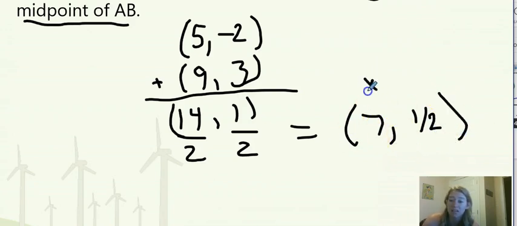This is an x, this is a y. This answer is always going to be a point, so please keep that in mind. We've done distance previously, which will be a decimal or a radical, and we've done slope, which will be a fraction. So they all have different types of answers. The midpoint is going to be a point, hence why it says midpoint. So your answer should always be a point. Make sure your answer is not a fraction or a decimal.